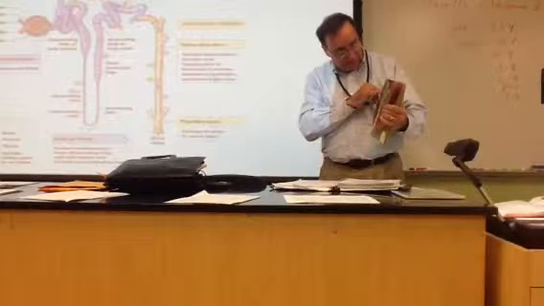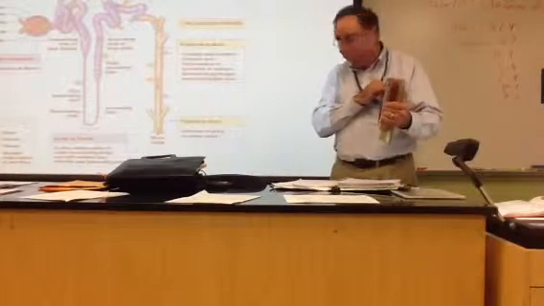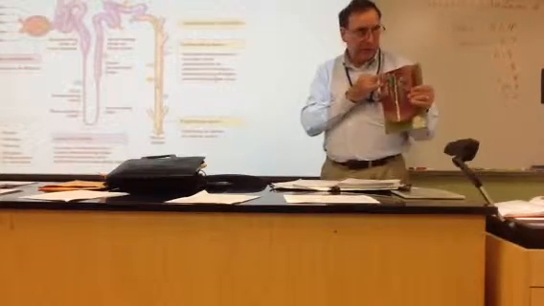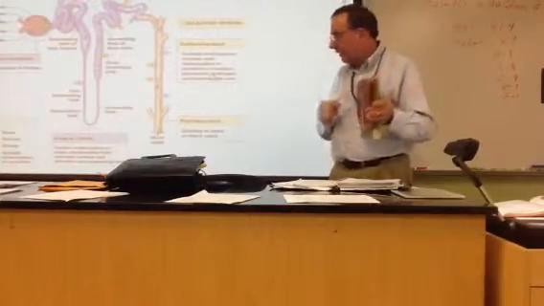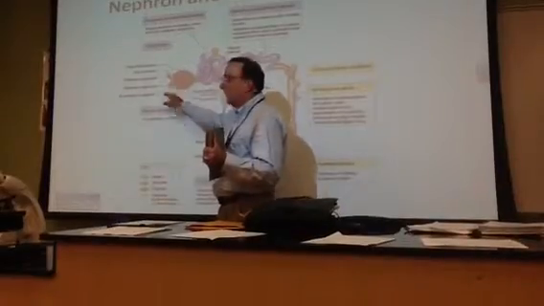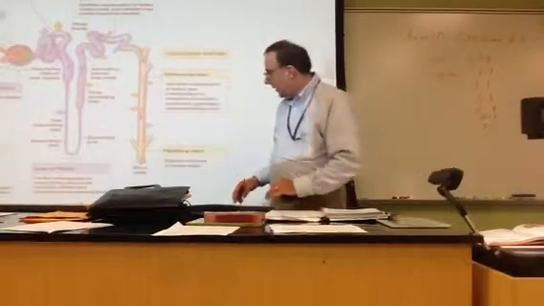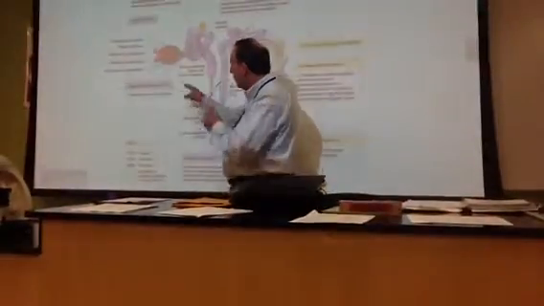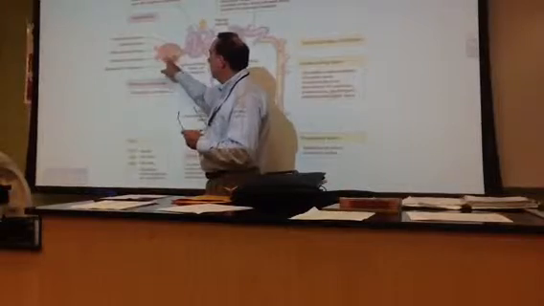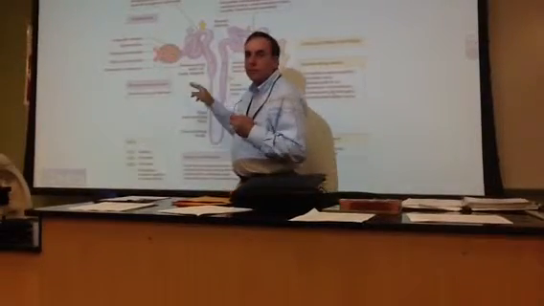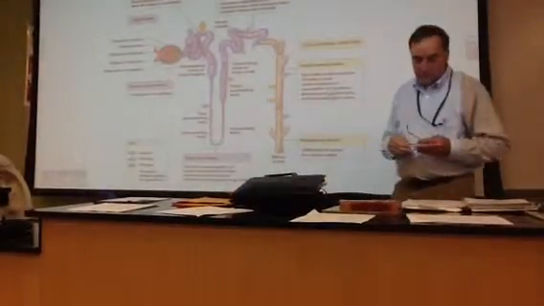And then off of the interlobular artery, you have an arteriole, which is called the afferent arteriole. And the afferent arteriole is going to be bringing blood into this structure, which is called the glomerulus, the first part of the nephron.